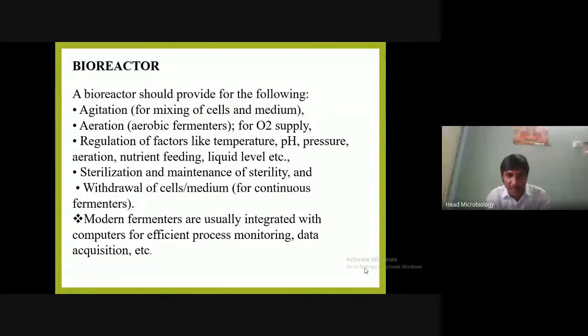After fermentation, withdrawal is very important. The size of fermenters or bioreactors ranges from 2 liters in the laboratory to 5 lakh liters in industries, up to 1.2 million liters, based upon the product and the company's economic levels.